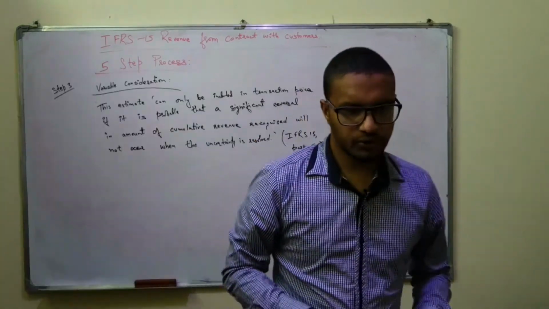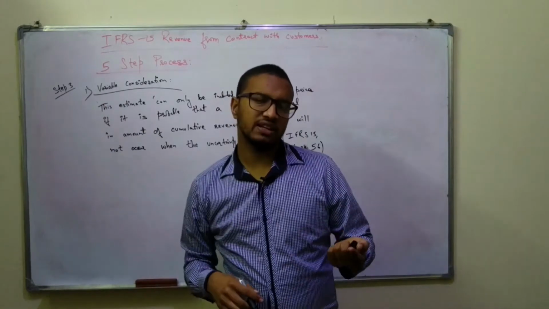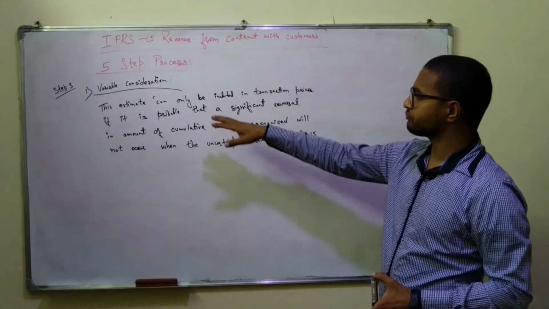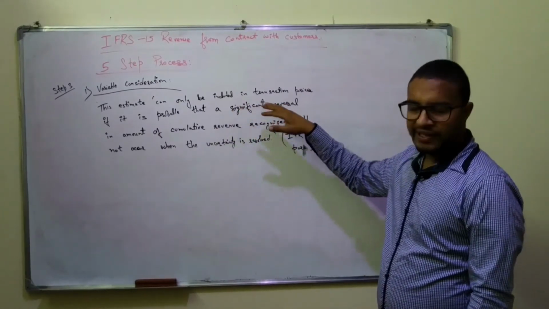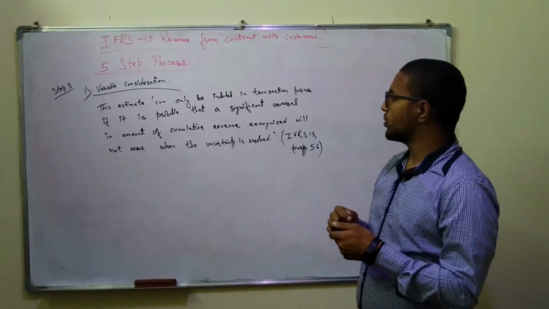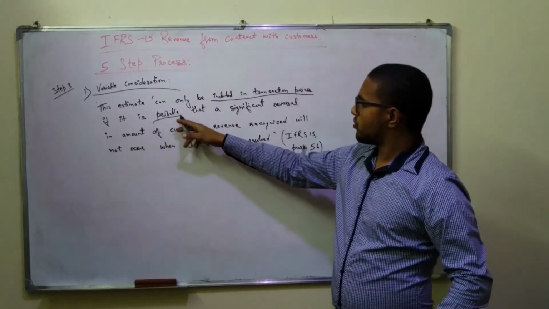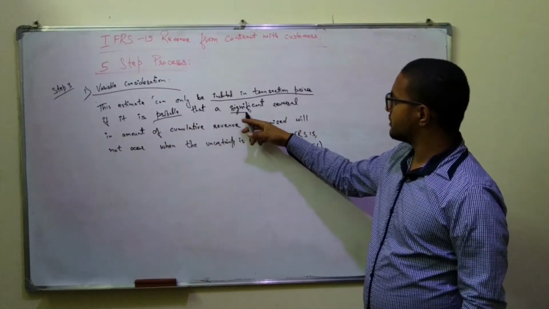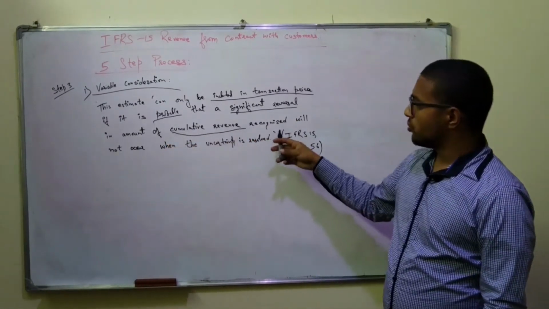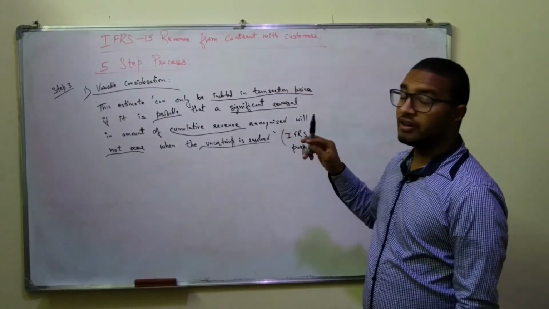Variable consideration. So the first is variable consideration, and what is it? Variable consideration is an estimate that can only be included in the transaction price if it is probable that a significant reversal in the amount of cumulative revenue recognized will not occur when the uncertainty is resolved.